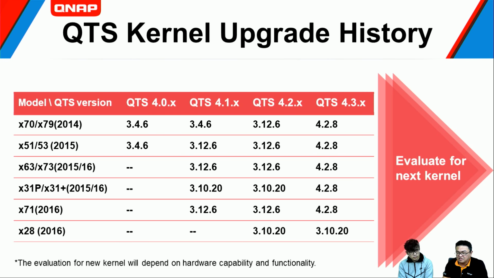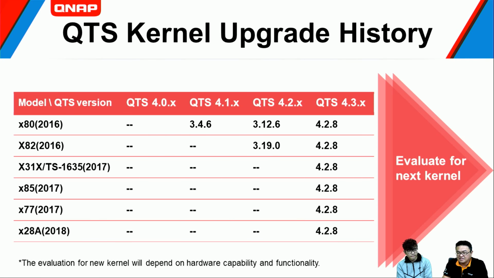Then we kept updating, the latest one is 4.3, and right now we are using 4.2. In this table you will see that if you bought this kind of series maybe 5 years ago, right now we still keep upgrading the new kernel and also QTS for the user to install.